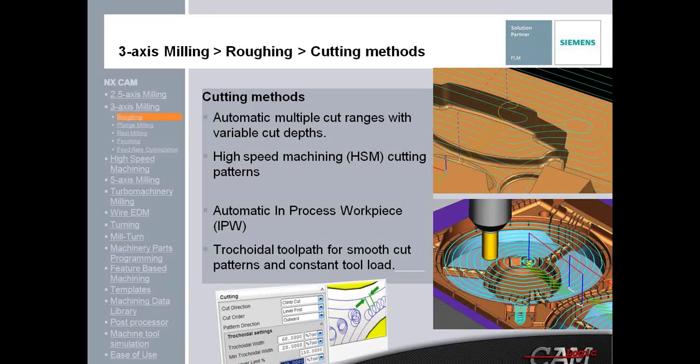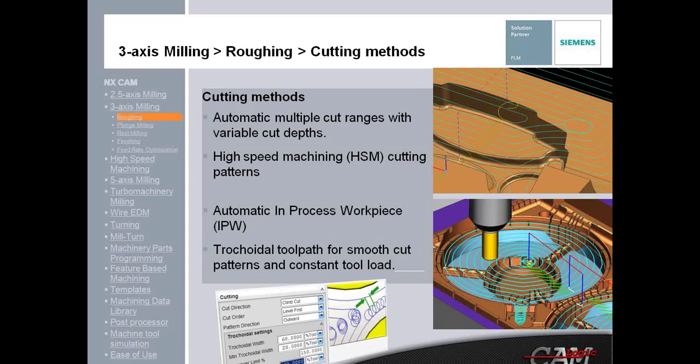When calculating your tool path, it'll automatically detect areas where there's a ledge and adjust your step down so that you'll have constant material left at the end of the pass. There are also high-speed machining patterns with trochoidal tool path, and corner rounding so that it will also do acceleration and deceleration in the corners.